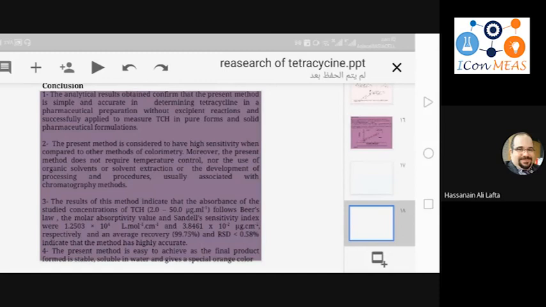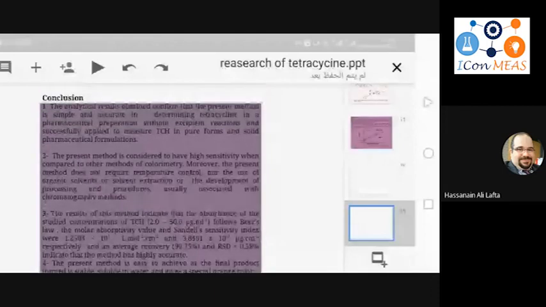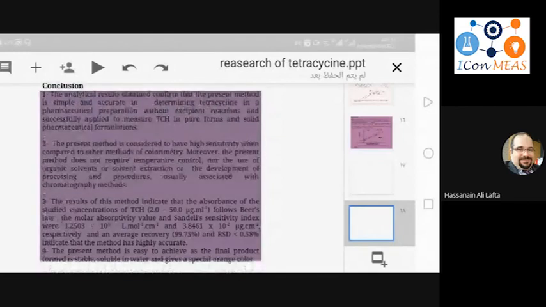Conclusion. The analytical results obtained confirm that the present method is simple and accurate in determining tetracycline in pharmaceutical preparations without an expensive reaction, and was successfully applied to measure tetracycline hydrochloride in pure form and solid pharmaceutical formulations.